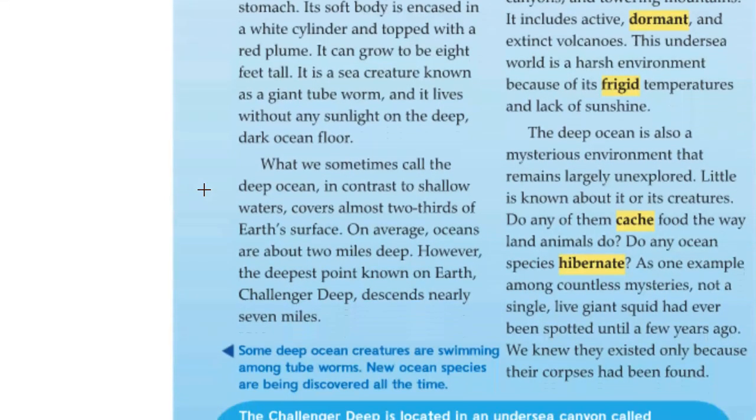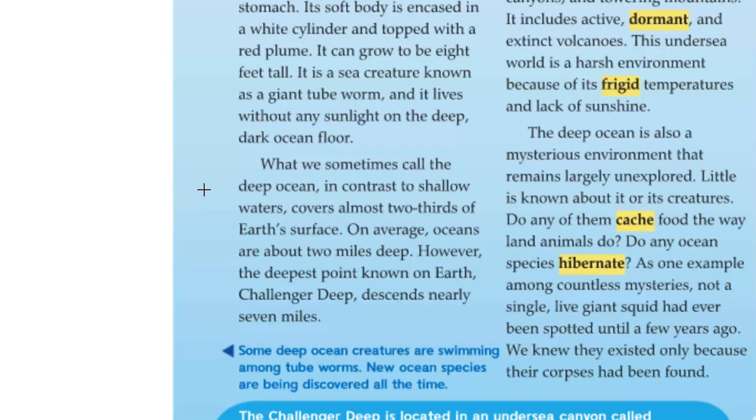Now, the second paragraph. What we sometimes call the deep ocean, in contrast to shallow waters. Shallow, you know, is the opposite of deep. So shallow means on the surface, but deep means way deep inside. What we sometimes call the deep ocean, in contrast to shallow waters, covers almost 2/3 of Earth's surface.